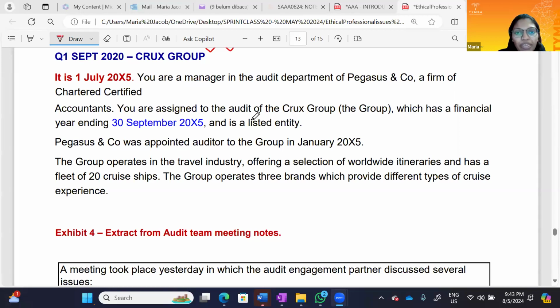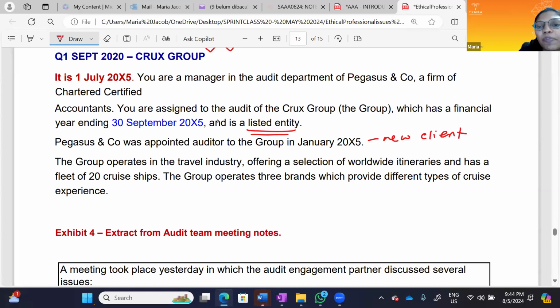Pegasus Co. was appointed as their auditor in January 20x5, so it is a new client. The group operates in the travel industry, offering a selection of worldwide itineraries, and has a fleet of 20 cruise ships.